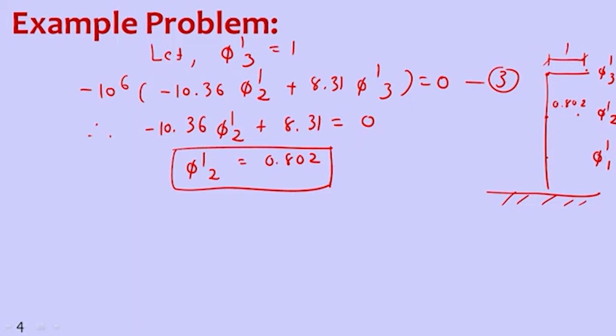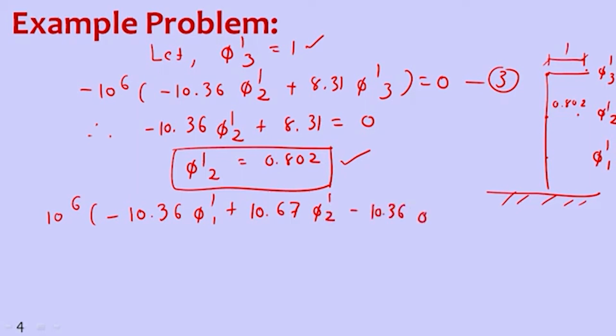In order to calculate phi 11, we already have the value of phi 13 as 1 and phi 12 as 0.802. Now we will substitute these in equation number 2. Equation number 2 is nothing but 10 raised to 6 into minus 10.36 phi 11 plus 18.67 phi 12 minus 10.36 phi 13 is equal to 0.